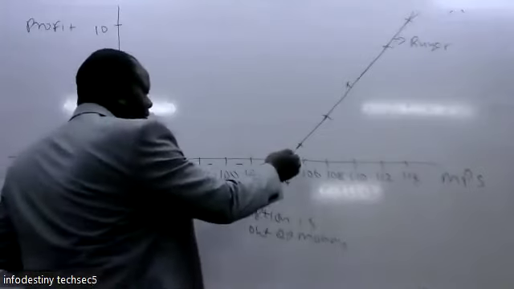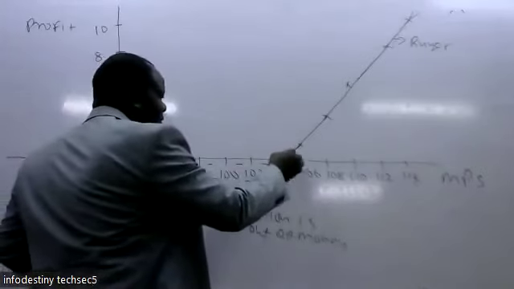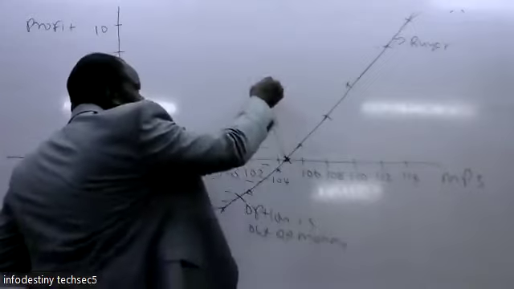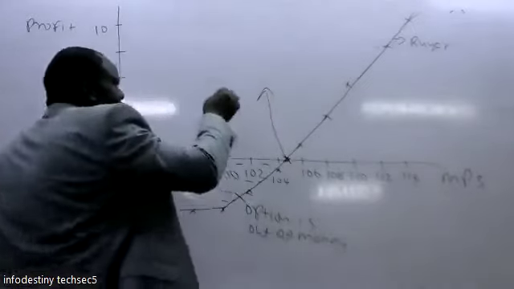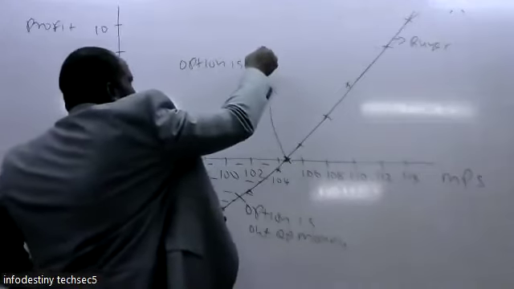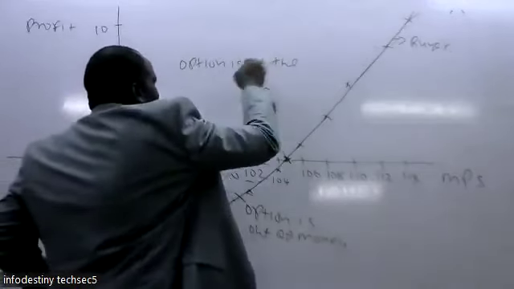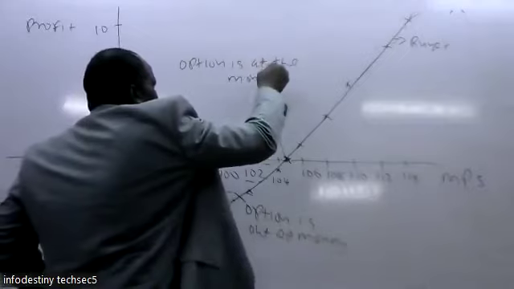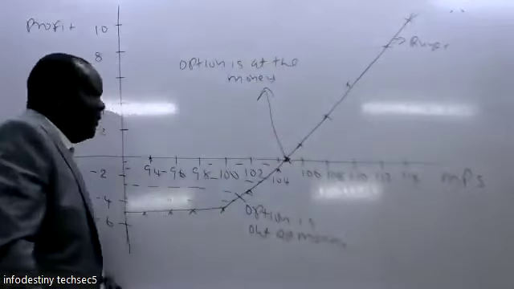Then this region, there is no profit or loss. So in this region, the option is at the money, because there is no profit or loss.